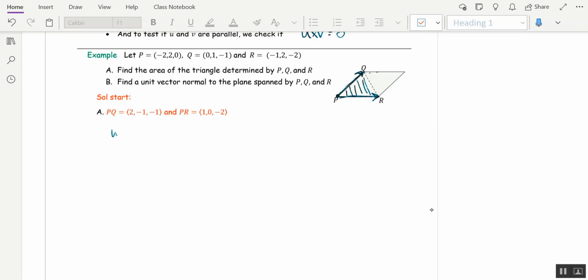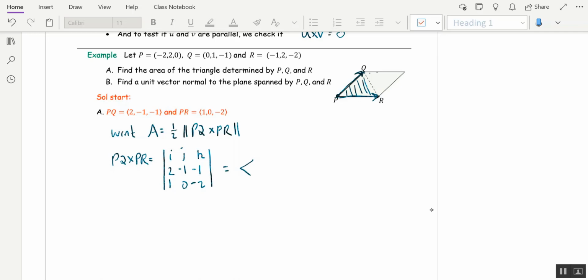And now what I want, the area is going to be 1/2 the magnitude of PQ cross PR. So first I need to start by finding PQ cross PR. That's equal to the determinant with i, j, k on top, put PQ in on the second row and PR in on the last row, okay? And you should probably pause the video and try this on your own. You should get 2, 3, 1.